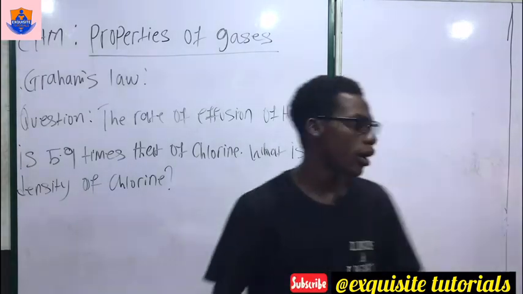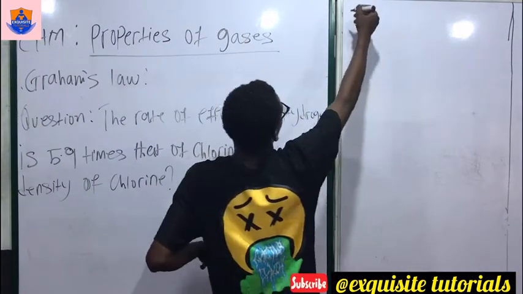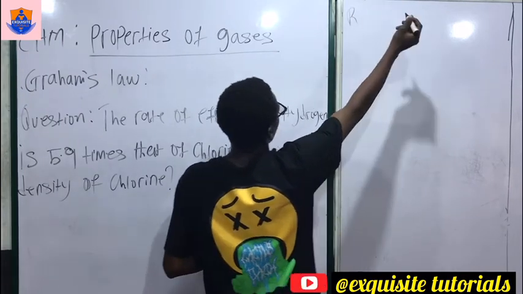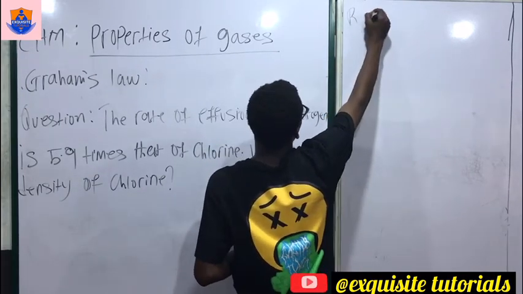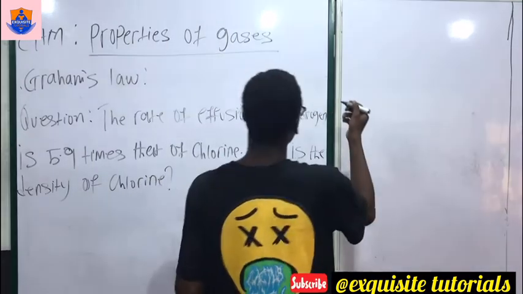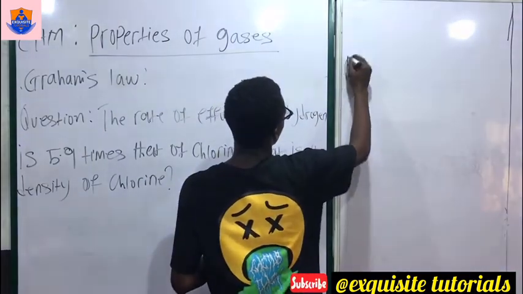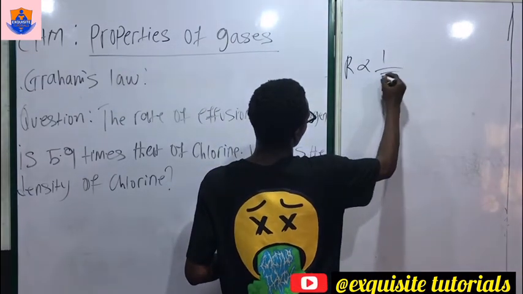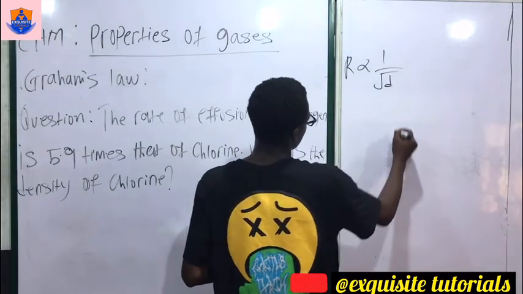Now remember that I said the rate of diffusion of a gas is inversely proportional to the square root of its density.